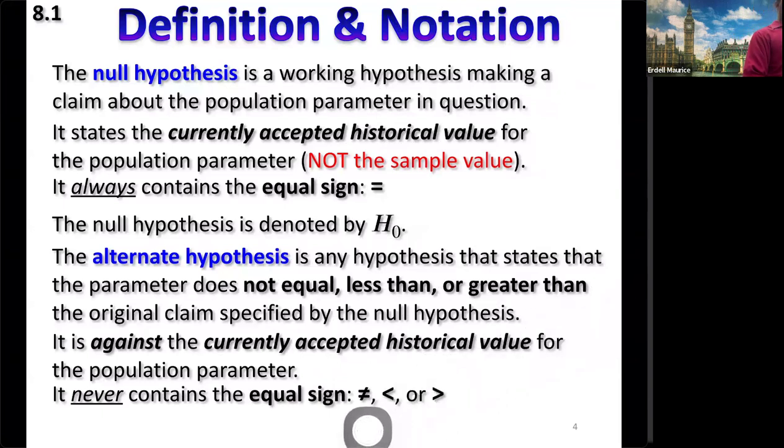It'll either use not equal to, less than, or greater than. The key thing right here is that your alternate hypothesis is against the null hypothesis. It is trying to say that we have something that is different from the currently accepted historical value.